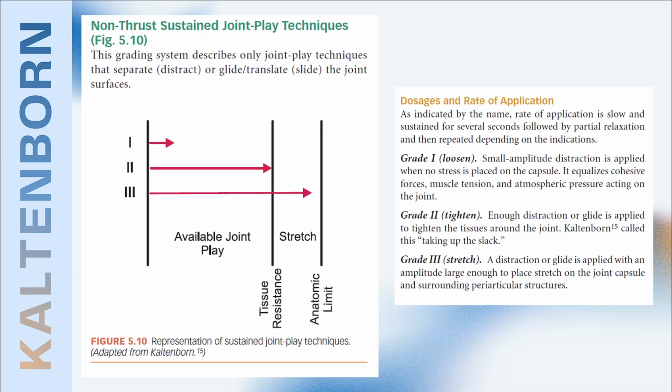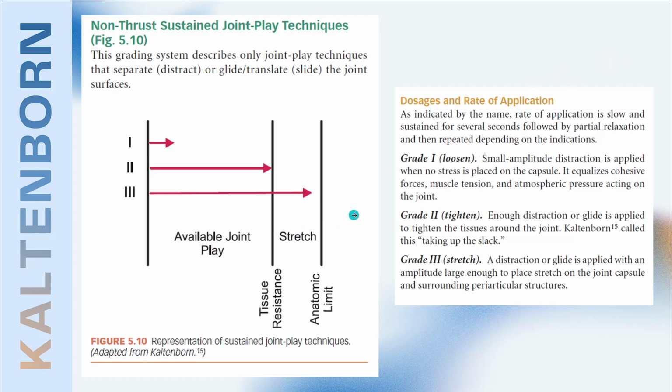Grade 3 is similar to stretching. You go beyond tissue resistance until just before the anatomic limit, because you don't want to break your patient's joint. You apply until you're stretching the joint capsule and the periarticular structures. So it's grade 1 loosen, 2 tighten, 3 stretch.